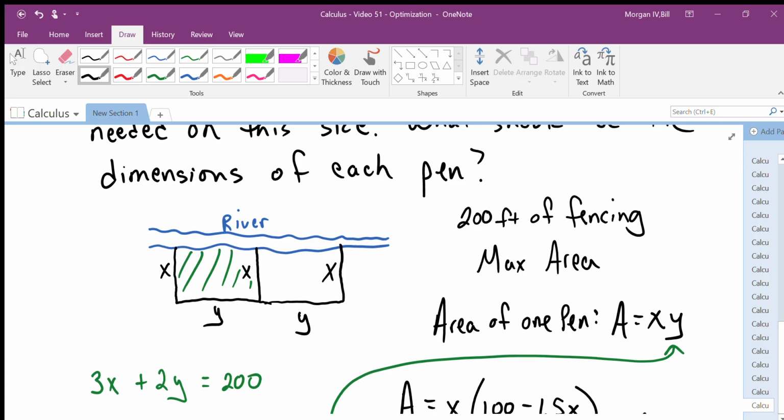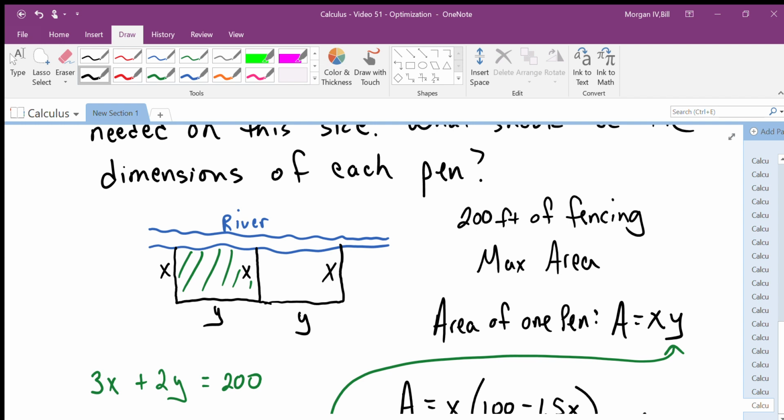The other endpoint would be if all of the fencing went into your x's and you had no y's, where the y value is 0. Your 200 feet of fencing would be divided by the 3 x's, so 200 divided by 3 for each of the x's. All the fencing is used to make those lines, and your y is 0, so you'd basically have 3 fences just sitting right next to each other.